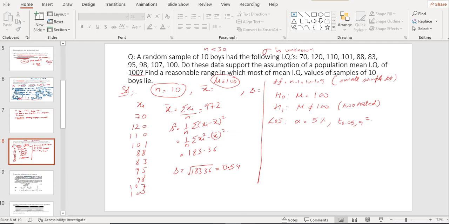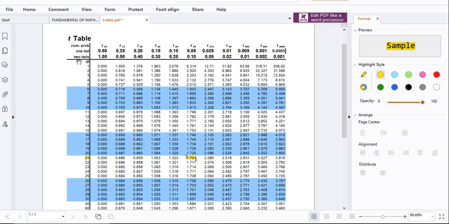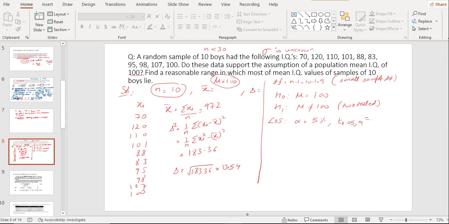So we can refer to the t table, but this time we are going to refer for two tail. Two tail means 5%, and we need to check the value at 9 degrees of freedom and 5%. Its value is 2.262. So its value comes out to be 2.262.